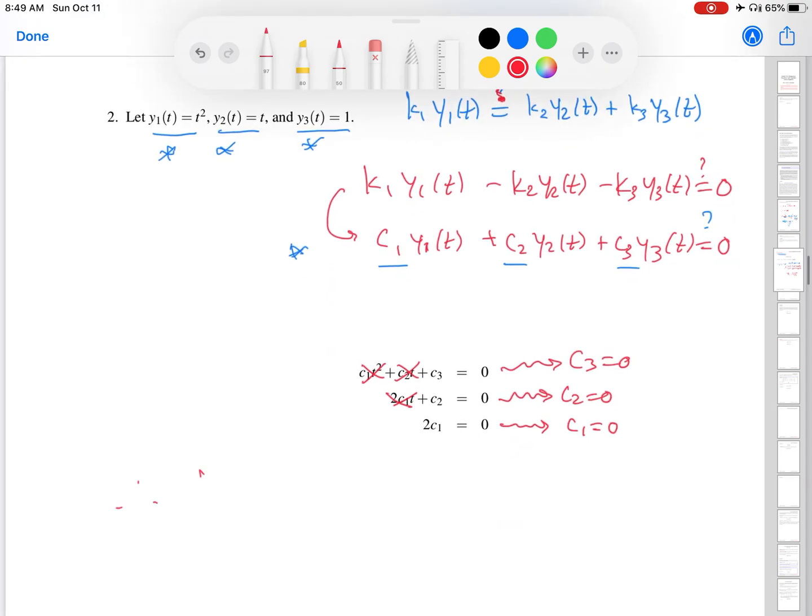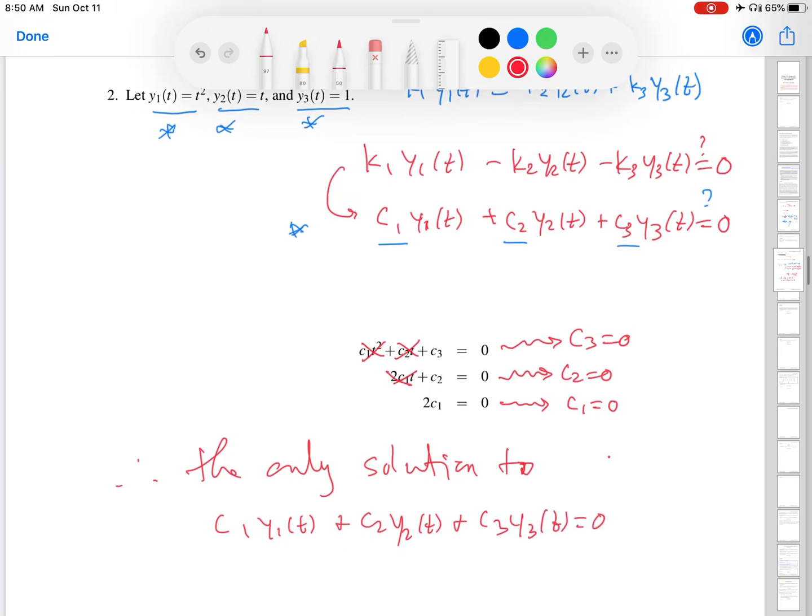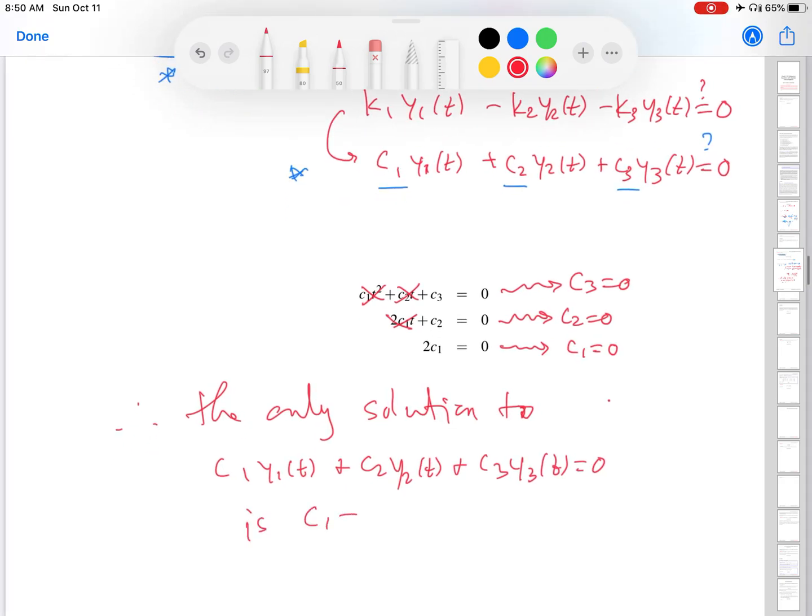Okay, so therefore, the only solution to c1 y1(t) plus c2 y2(t) plus c3 y3(t) equals 0 is all c's being 0. Okay? All right, that tells me that these three functions are independent functions.